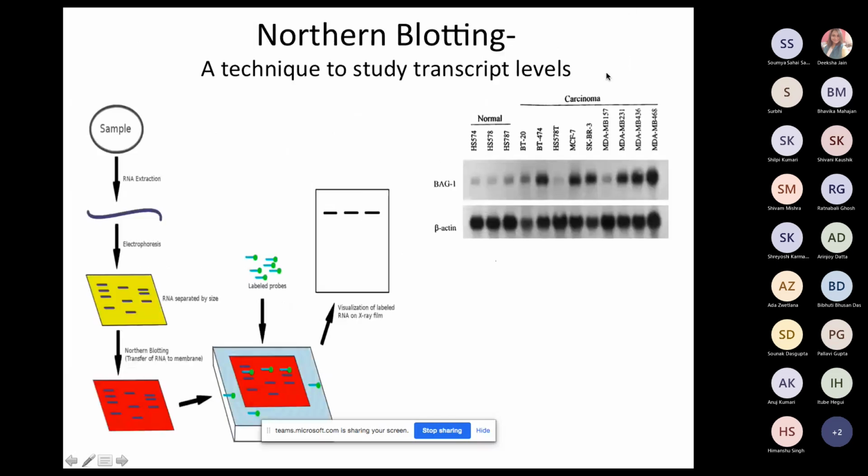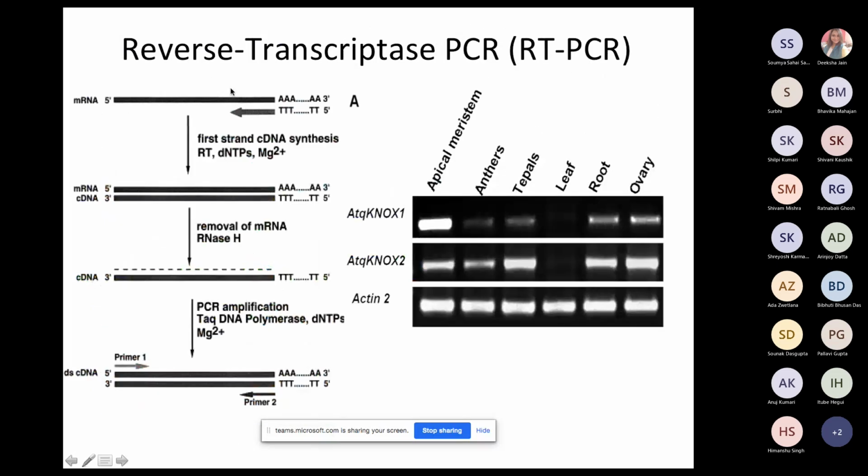For example, I can design primers which are specific for BAG1. How do you design primers? We have already taught you in assignments. And then you can detect your gene of interest.